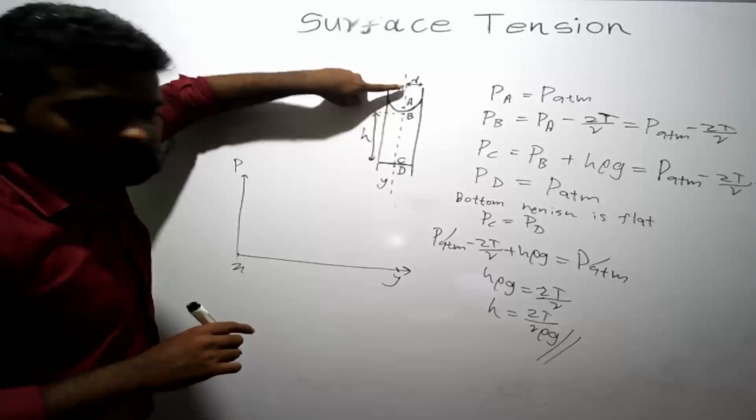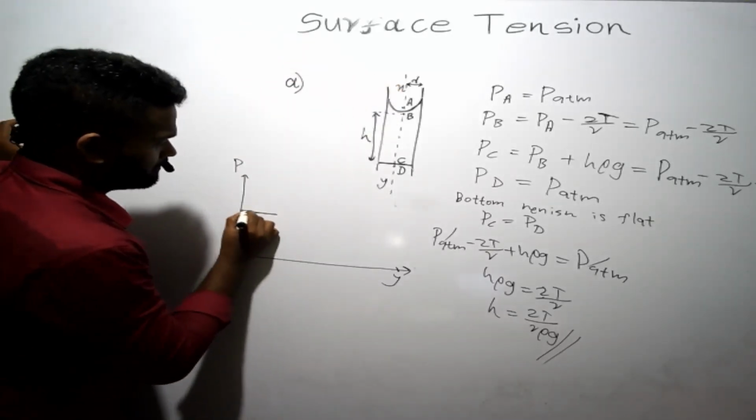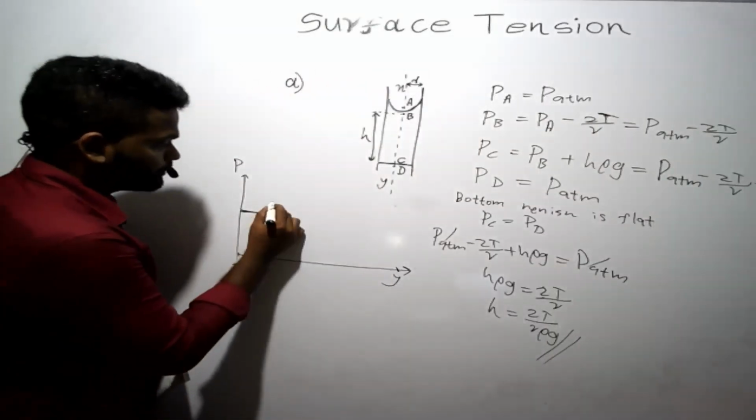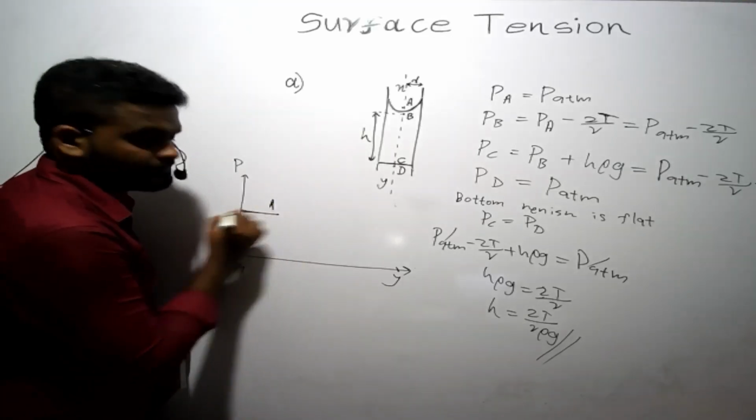Atmospheric pressure. It's a constant, right? So this point is A.